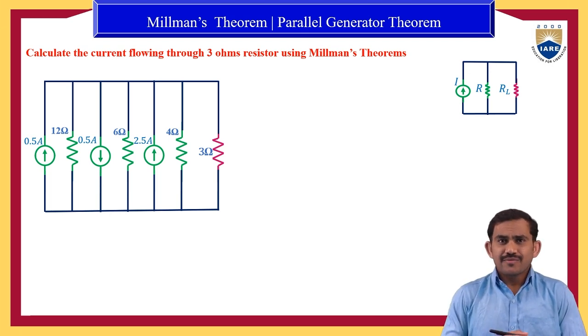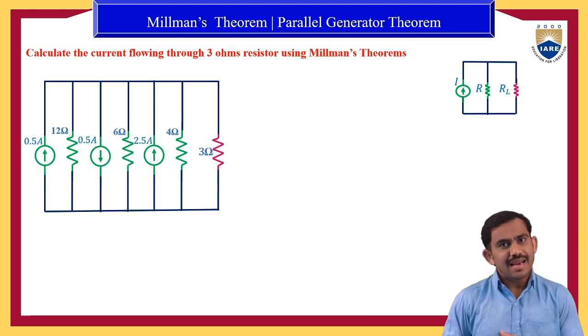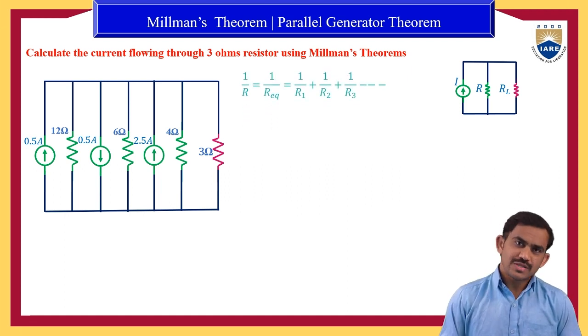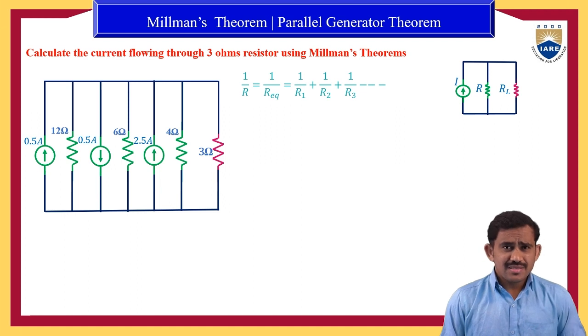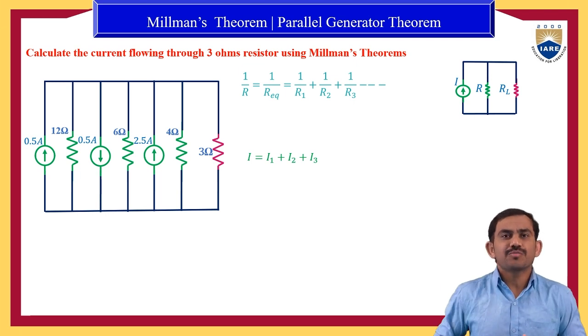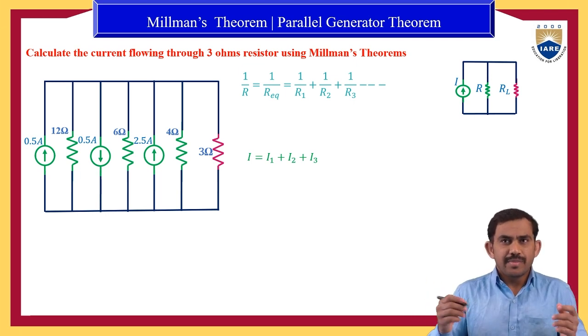For this I have the formulas. For resistances connected in parallel, again 1 by R equals 1 by R1 plus 1 by R2 plus 1 by R3. And for currents connected between the same two nodes, if they are in the same direction, it is I1 plus I2 plus I3 and so on.